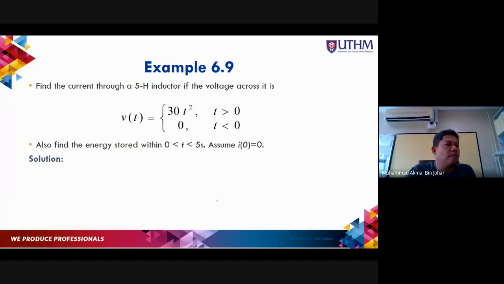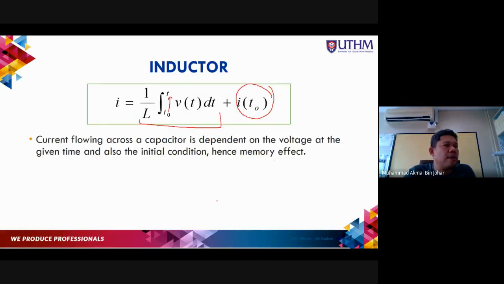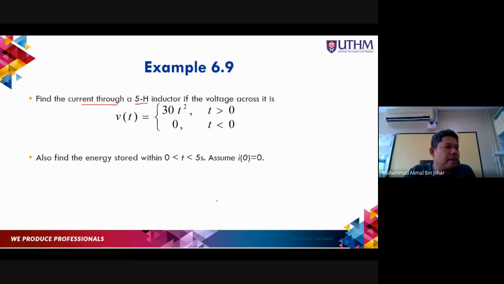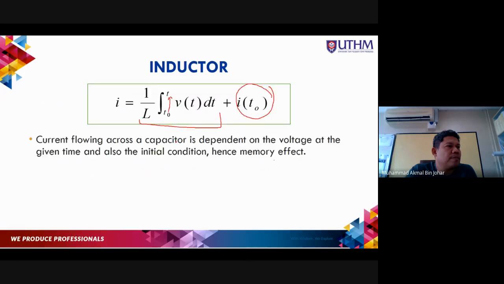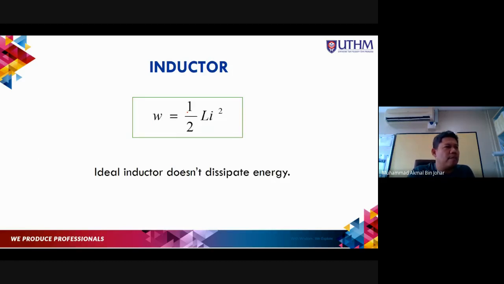What is the v(t)? We need to find the current from t0 to 5 seconds. So v(t) is 30 t squared, dt, and then you do the integration of it. And then we know that i(t0) is equal to 0.